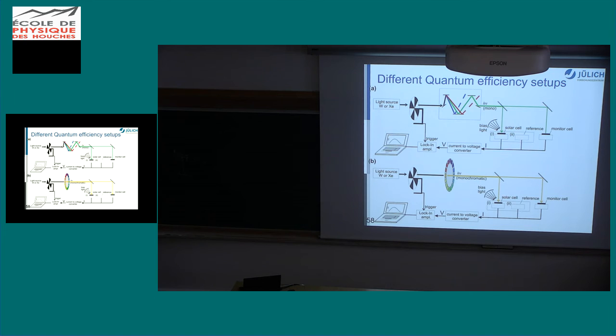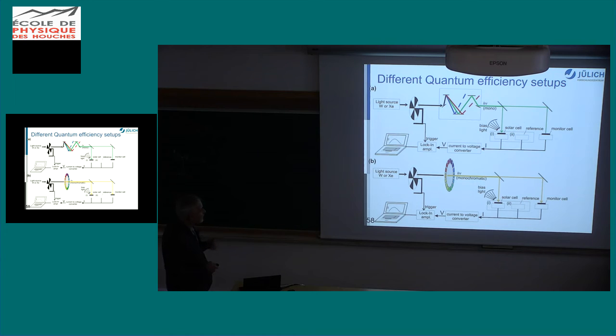This is one of the slides you have in your file, so I don't just say there are different ways to measure quantum efficiency: using white light, then a monochromator, and then you change the color of the light and always measure essentially the current of your solar cell.